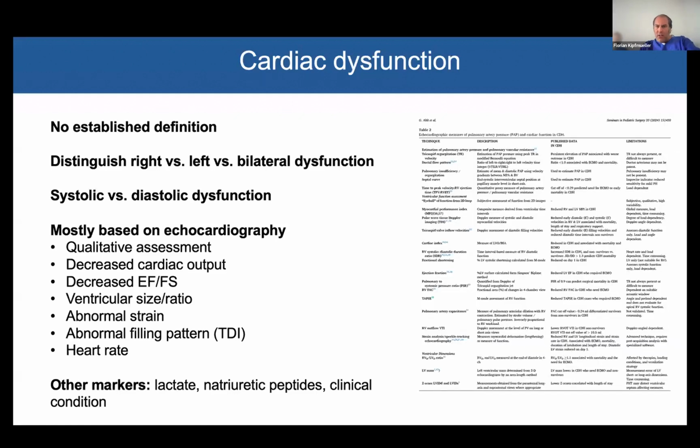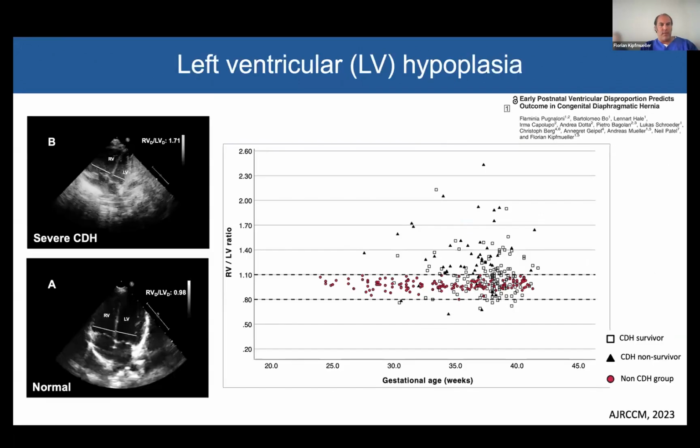Here you can see all the different parameters that are described in CDH for echocardiographic assessment. There's a lot of academic research out there, and I think you have to stay basic for your assessment if you approach the baby clinically.